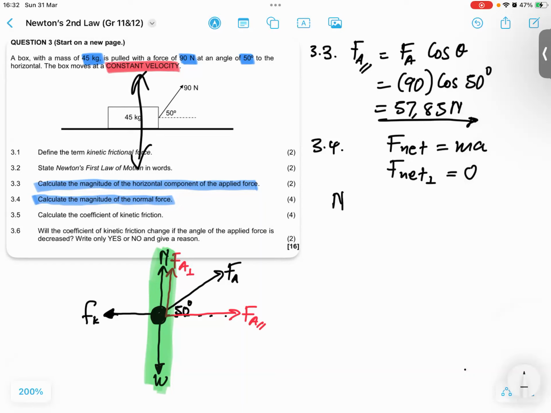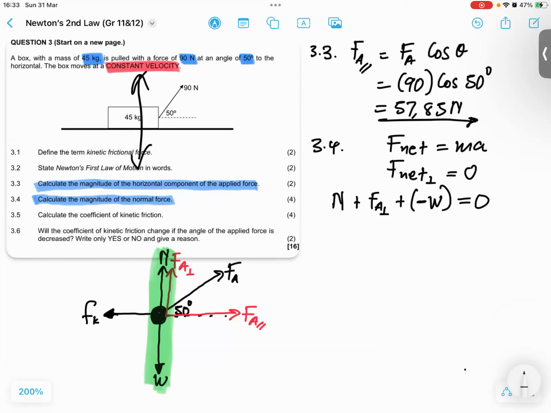I'm going to take upward as positive in this case. So the normal force is positive, and the perpendicular component of the applied force is also positive. And then we have weight, but weight here is negative. So I'm going to put plus normal force, plus the perpendicular applied force, minus weight, and this equals 0, right? These are the three forces acting perpendicular to the surface.